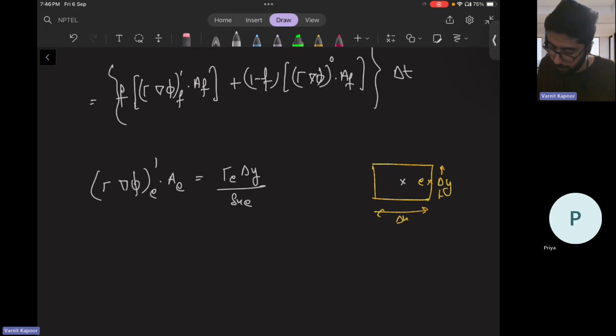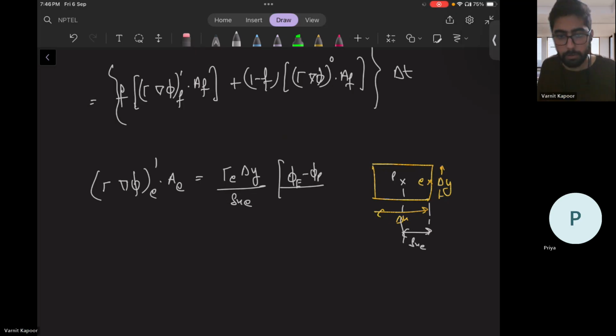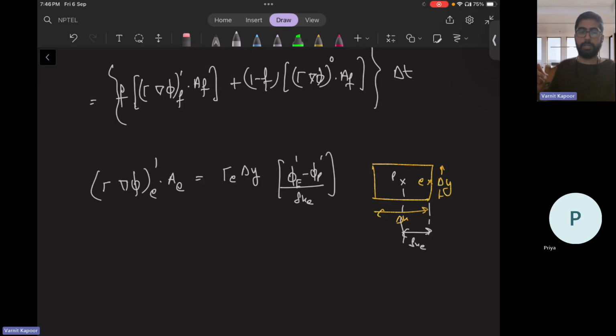This is your point P. This is delta x east, and ∇φ can be written as φ east minus φ P over delta x east. This is at 1, t plus delta t.